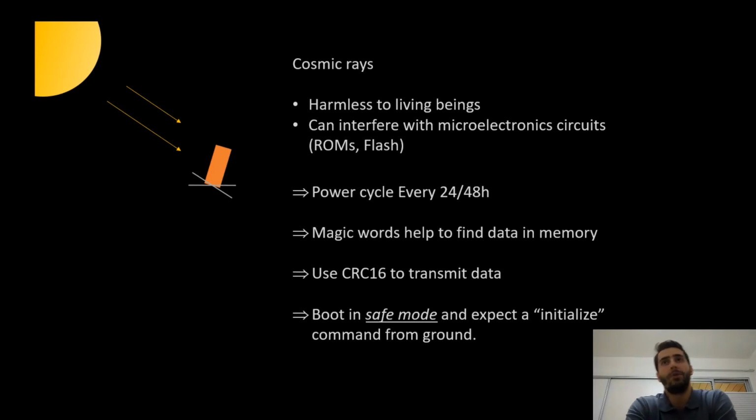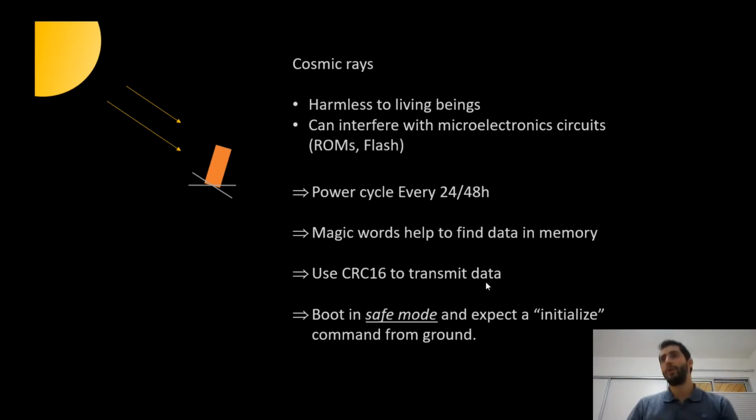So more on that, but not very related to cosmic rays, more about memory management. Sometimes it's useful to use magic words to mark parts of the memory that will help you to find data.